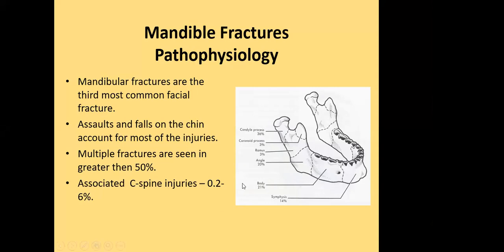And it is common to have multiple fractures. And as I told you, we had that fracture here. And at the same time, you may have another fracture here. And at the same time, because that impact goes here, you see a fracture here, then there can be a fracture on this side. So when you are assessing those patients, please don't forget this may be the reason why they cannot open and close: a fracture in the neck of the condyle.